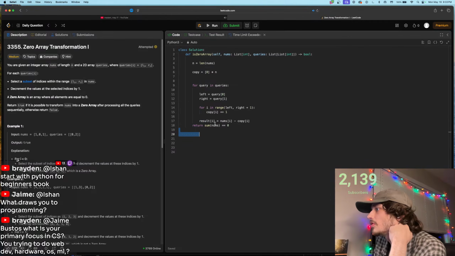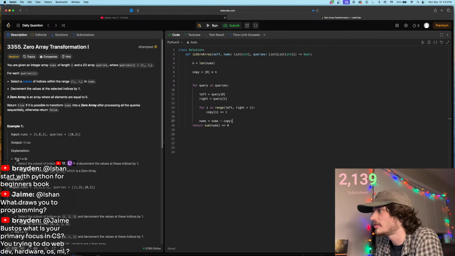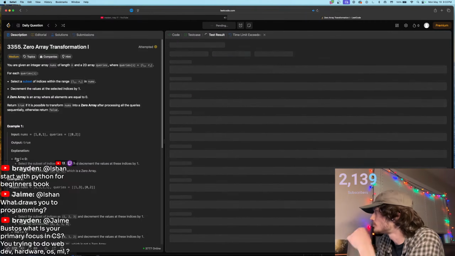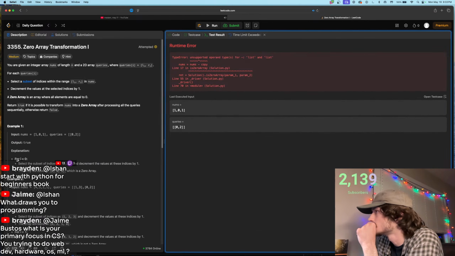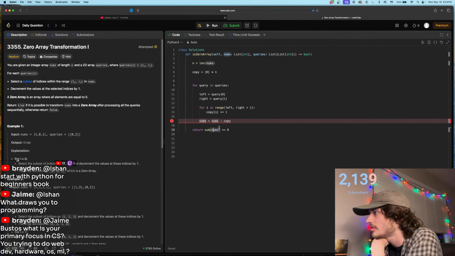So I can create a new array for results, right? Or do I want to just update the nums? Nums equals nums less copy at this point in time. Unsupported operand types for list and list, so I can't subtract two lists.